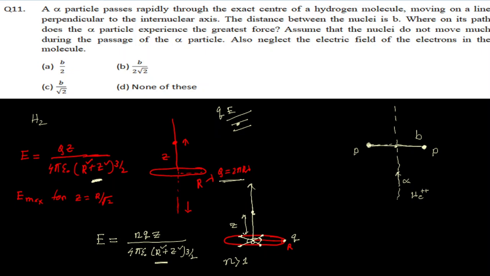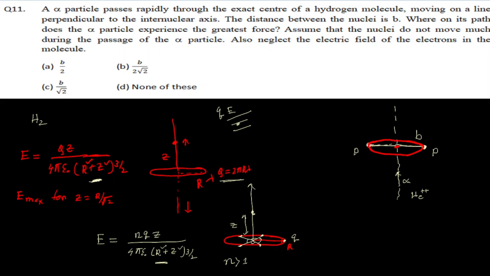So now compare this result with this result. What we can do here is draw a circle taking the radius b by 2, where the center of this circle will be at the midpoint of the two nuclei.